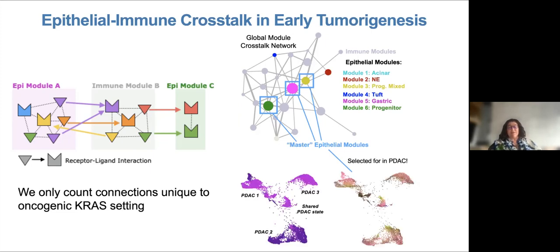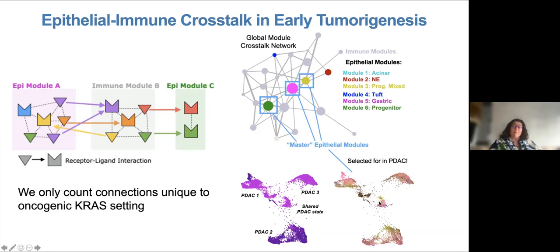The interesting thing about these master epithelial modules is that these are the ones that are open in the advanced PDAC. They're absolutely most open and most active in the shared PDAC-like state, which I told you exists for every single one of the three tumors that we found.